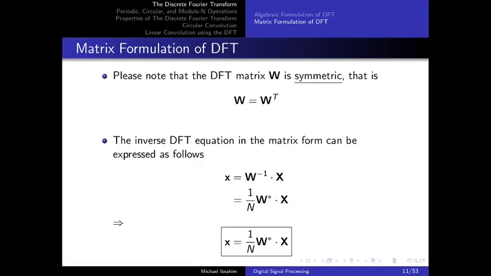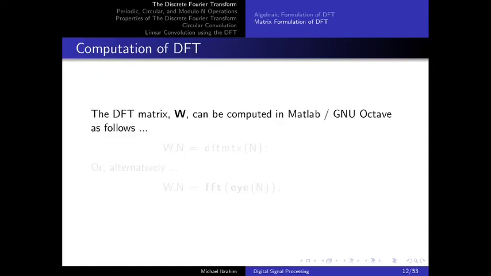We will skip the proof, but I want you to know, in order to compute the inverse discrete Fourier transform in the matrix, the same matrix we have found, capital W, just take the conjugate, divide by N capital, multiply by X capital, and you'll get x small, the time domain signal. So in MATLAB, the matrix W can be computed using the command dftmtx. So dftmtx is the DFT matrix, and you give the command N capital, and it will compute the matrix for you.